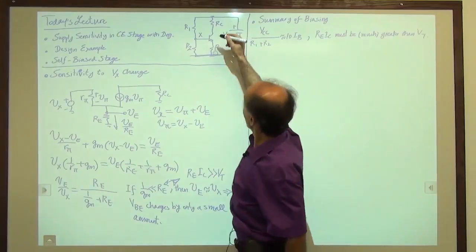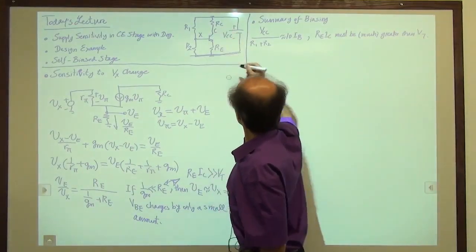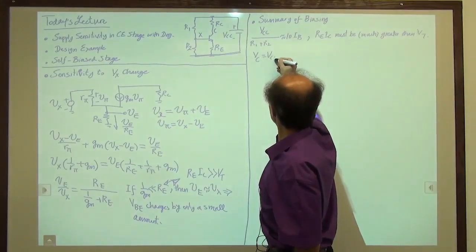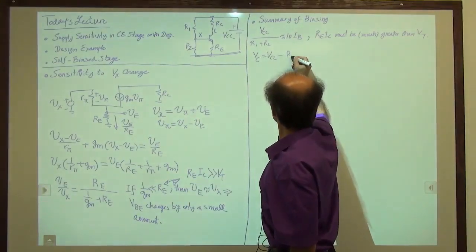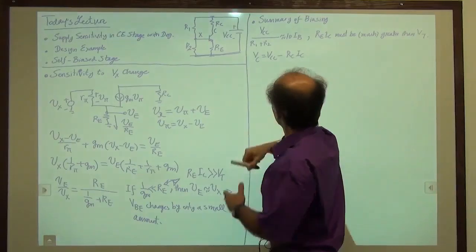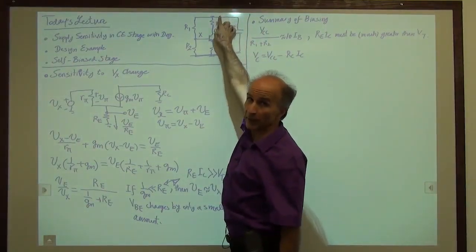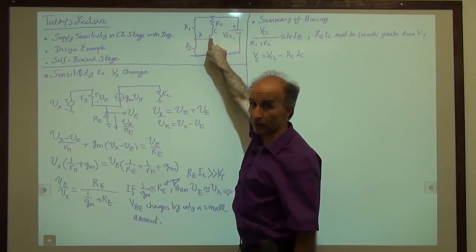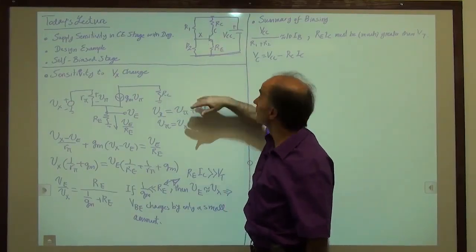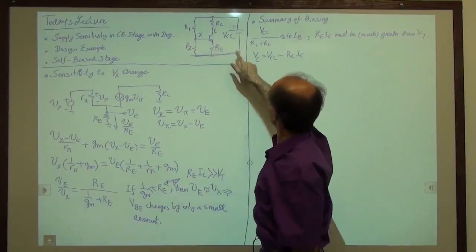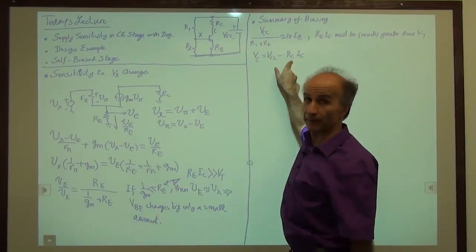So we know that if I call this node C, the collector voltage, VC is equal to VCC minus RC times IC. RC IC is the voltage drop across this resistor. We subtract it from the supply, we get the collector voltage with respect to ground. Okay, how low can this guy go as I keep increasing RC?